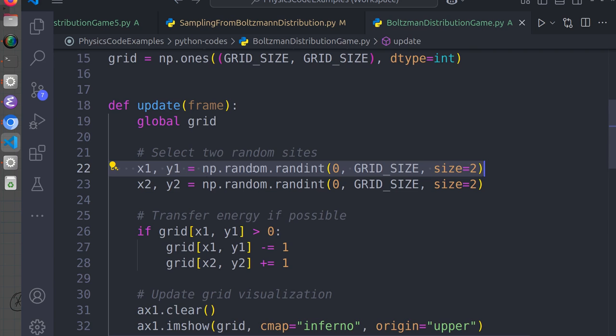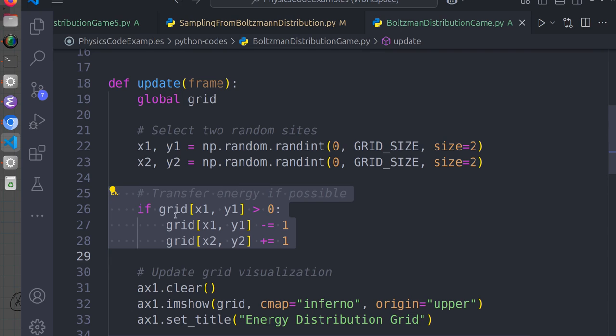Anyway, so a random point is selected for removing, and then another random point x2 y2 is selected for updating, adding the quantum there, and the transfer is done in this block.